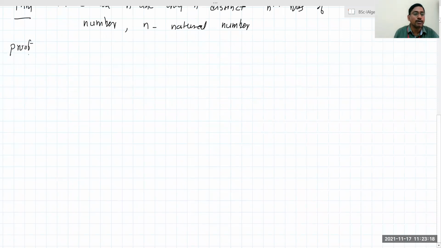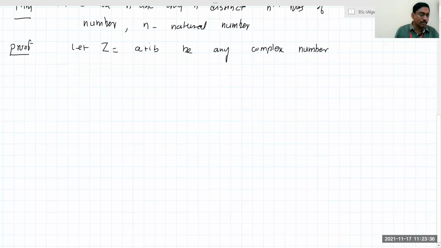So for that we have to consider any complex number. Let z equal to a plus ib be any complex number, and naturally, if you know complex numbers, you can write its standard form.